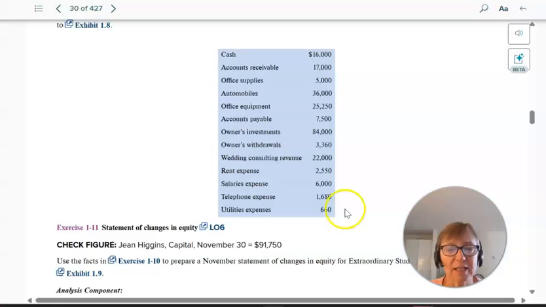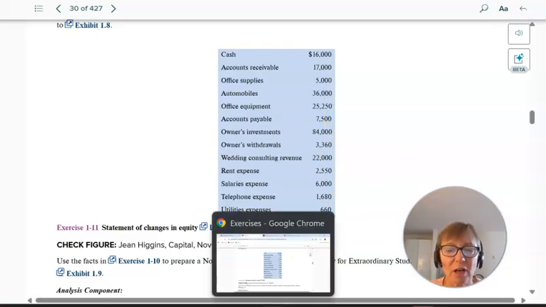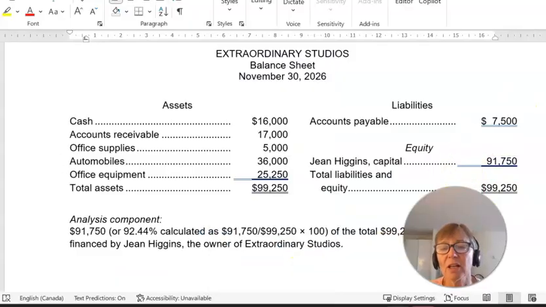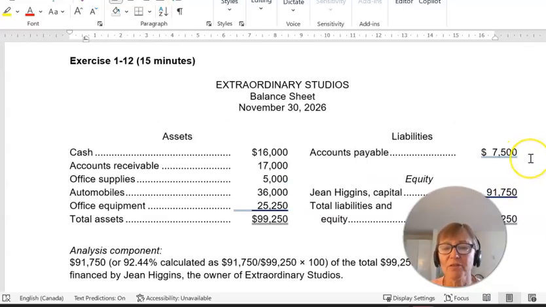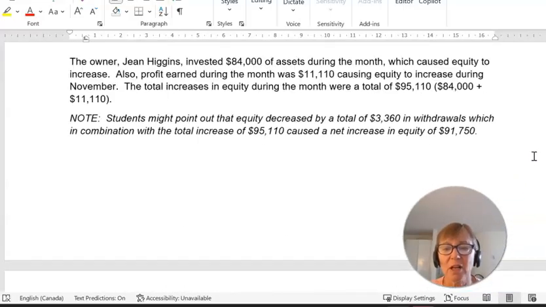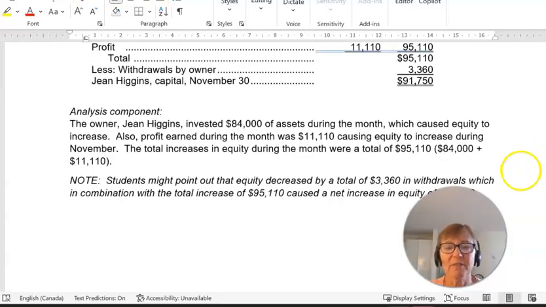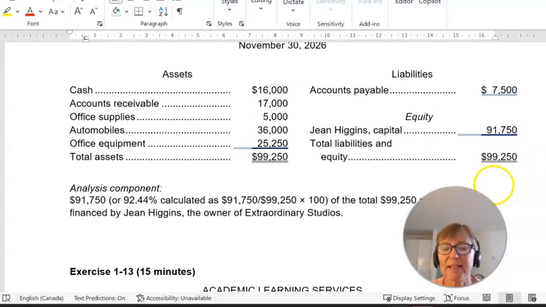All right, so now we need to do the other side. So the only liability we have is accounts payable for 7,500. So we come over here, liability, 7,500. We need to bring in our ending capital from our previous statement, which is 91,750. Bring that down, 91,750.